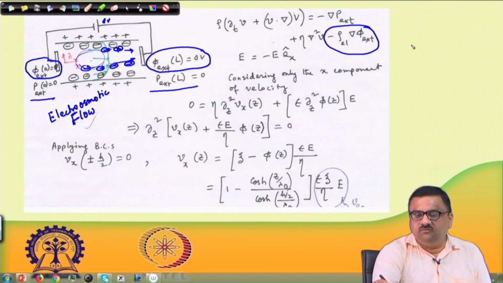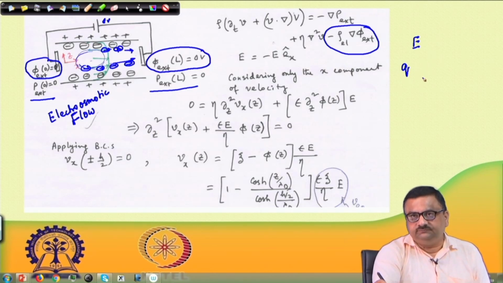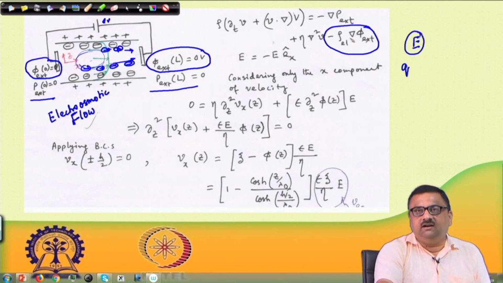You remember what the Coulombic force was? Suppose in an electric field a charge q is placed, the force by which it would be pulled is known as the Coulombic force. E is basically minus grad of phi external; the electric field is the grad of the potential, and q is the charge.